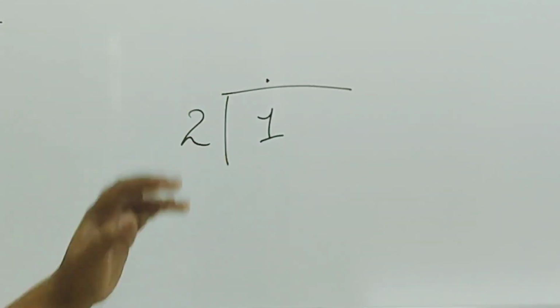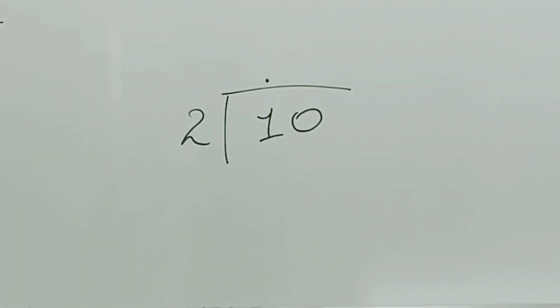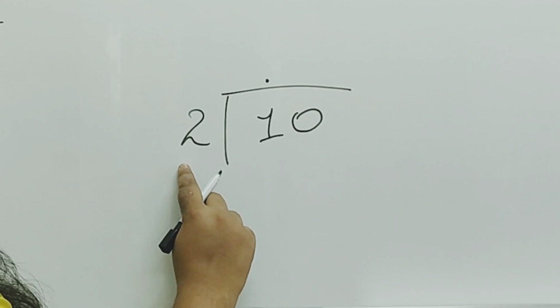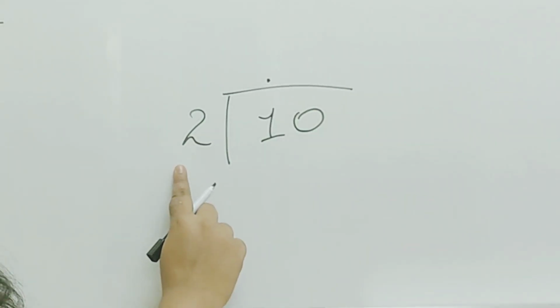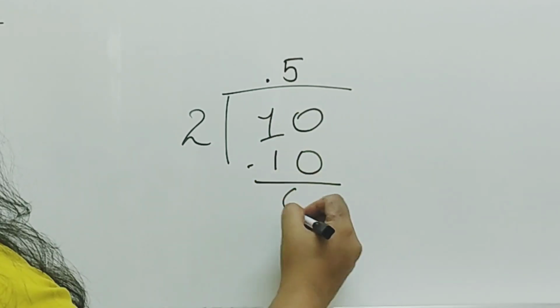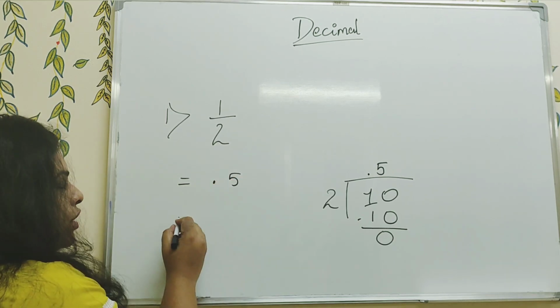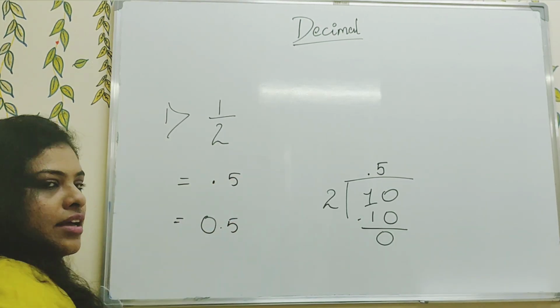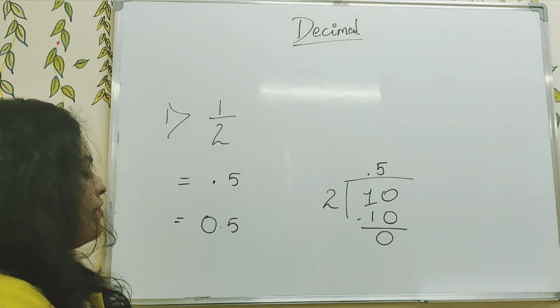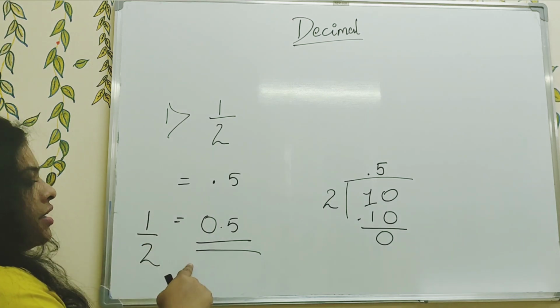When you put a point, automatically you can write 0 next to the number. Now 10 is actually divisible by 2. 2 into 5 is 10. The remainder is 0. The quotient is 0.5. So 1 by 2 is nothing but 0.5.